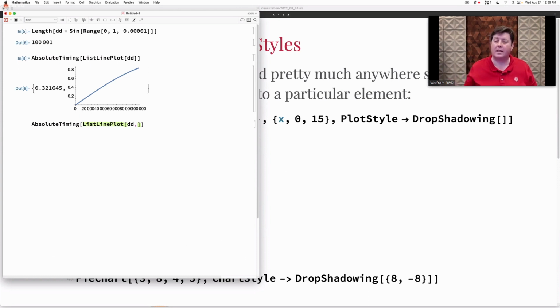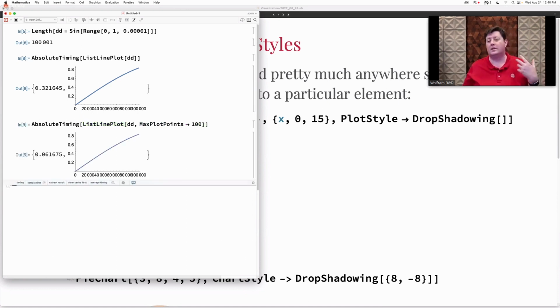So for a plot like this, you don't really need all 100,000 points. And so if we include max plot points and we drop this down to like 100, then we get a curve that looks pretty much the same at a much faster speed.